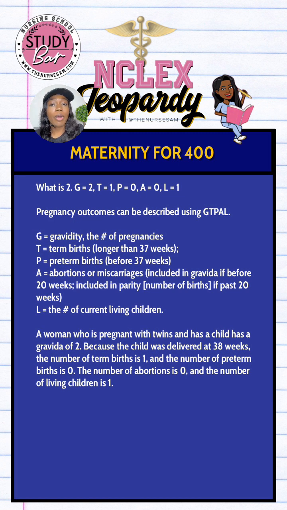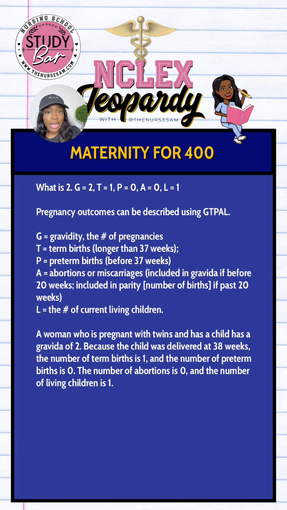And then A is abortions or miscarriages. It's included in the gravida if before 20 weeks, and it's included in the parity number, aka the P, the number of births, if past 20 weeks. But remember, in the actual question, it said that she did not have any type of abortion or miscarriage, elective or natural, nothing like that.